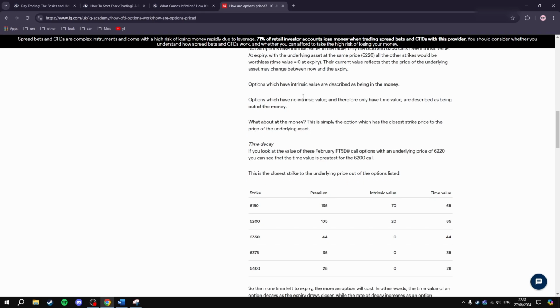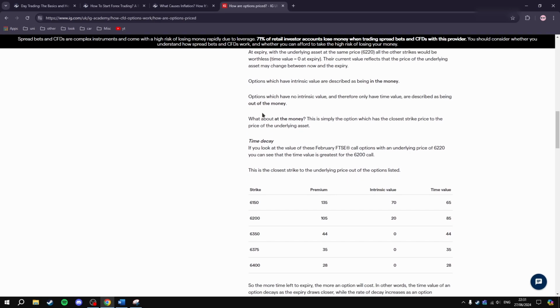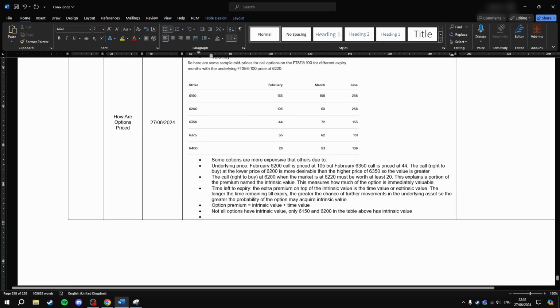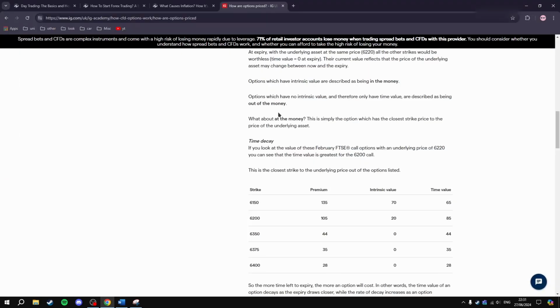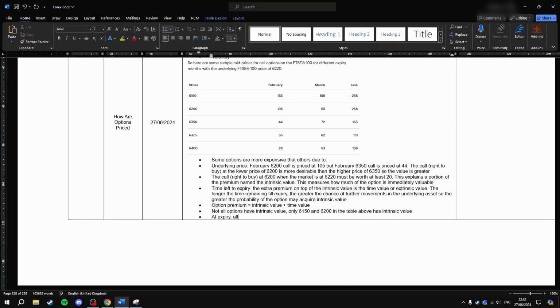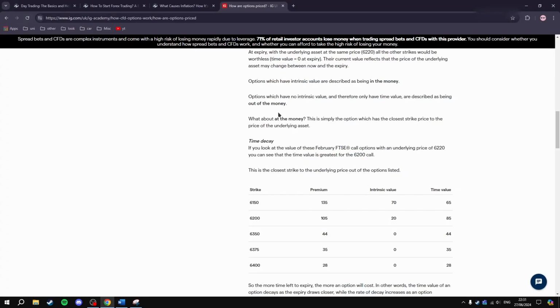So at expiry, all the other strikes would be worthless, as time value equals 0.